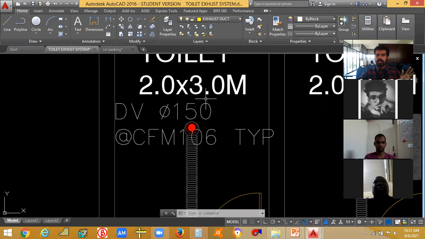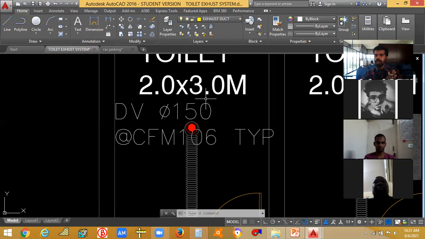For a 100 mm diameter, there is a range of CFM, might be from 50 to 100. So 50 to 100 CFM will pass through a 100 diameter disc valve.